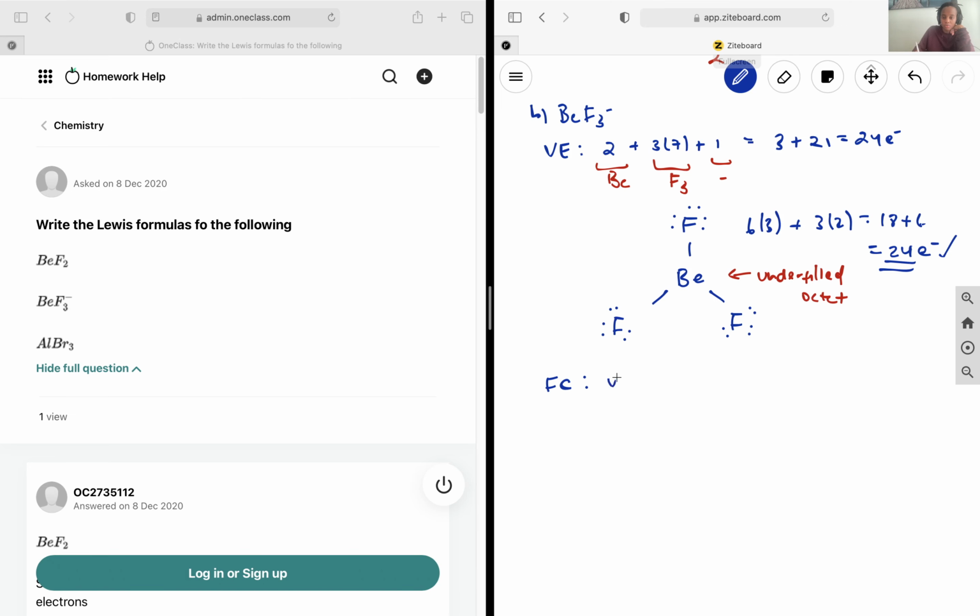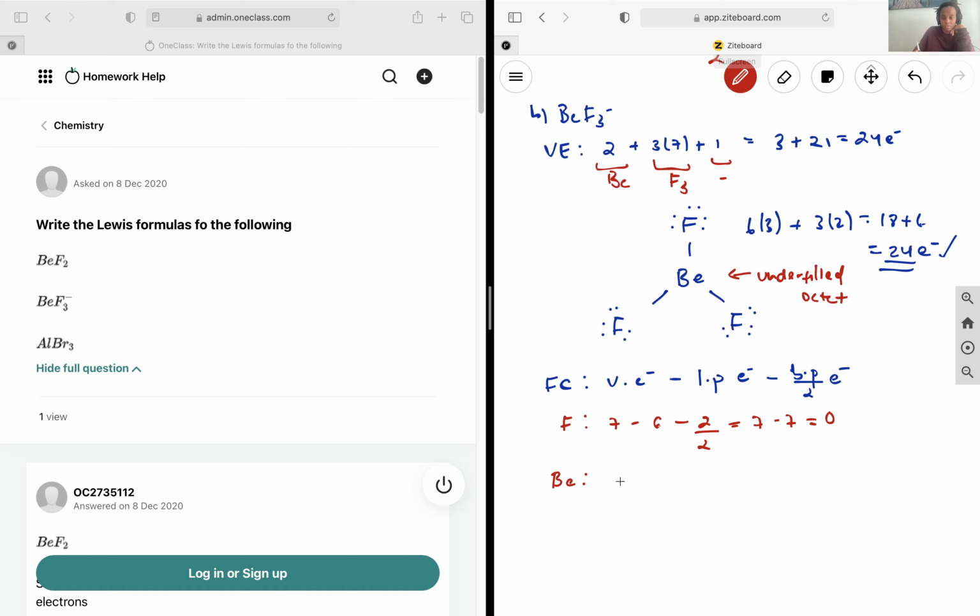So again, it's the same formula of valence electrons minus the lone pair electrons minus the bonding pair over 2 electrons. And so for each of the fluorines, that will give us 7 minus 2, 4, 6 lone pairs on each of them, minus 2 electrons in a bonding pair for each of them. And that is just going to give us 7 minus 7, which would give us 0.